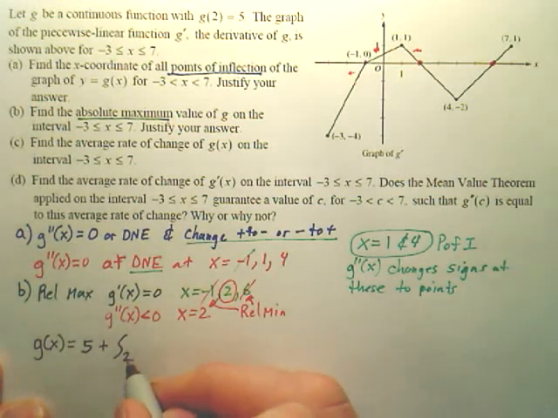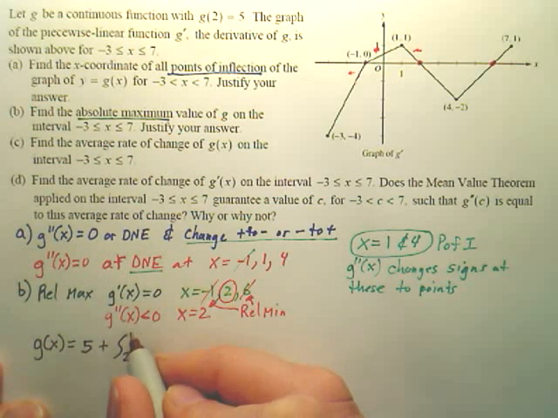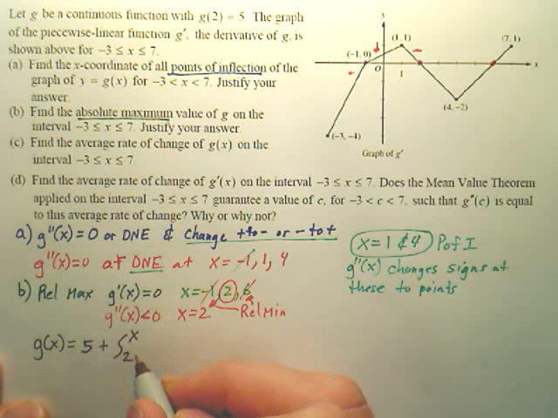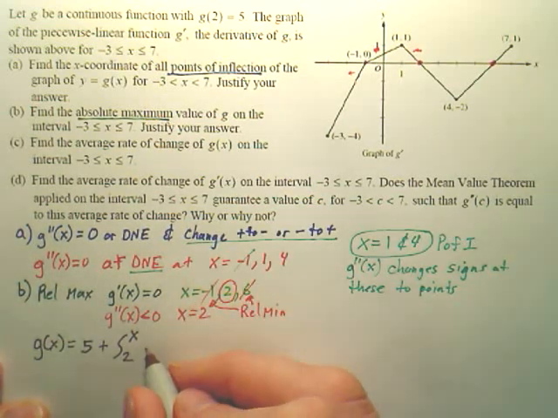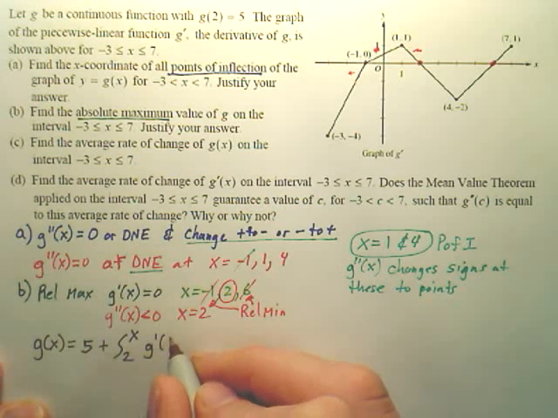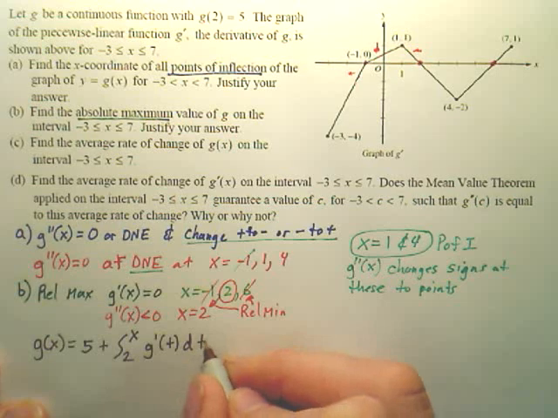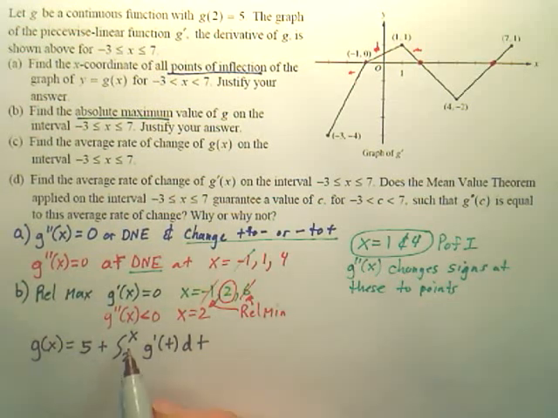So we start at 2 and go to some value x, with the integral of g prime t dt, where I chose t just as another variable.